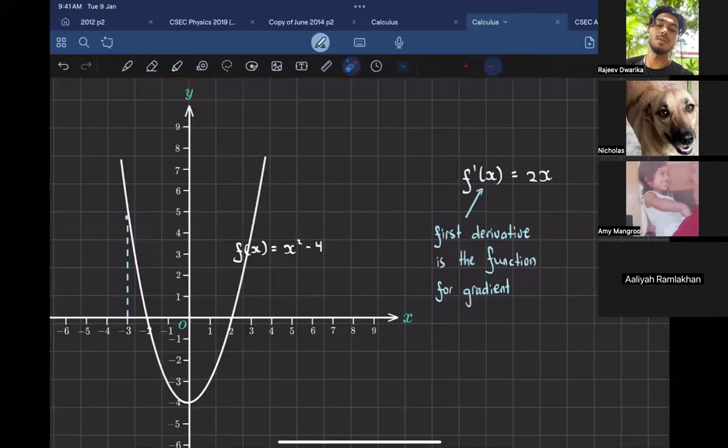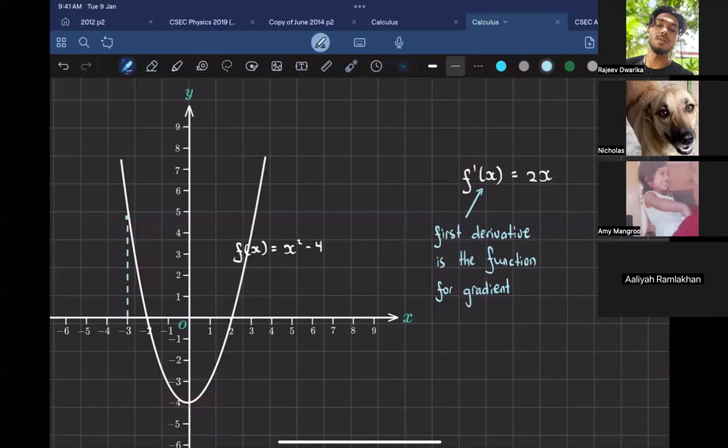No. So will the gradient at this point be the same as the gradient at this point? No. As a matter of fact, the gradients will get less and less steep because it's approaching zero. And when you reach this point, it flattens. The gradient is zero at that point. And we will see how that works out.